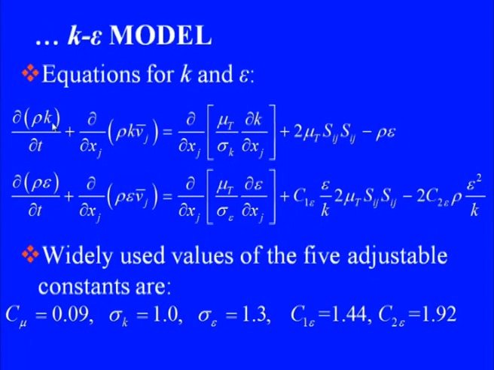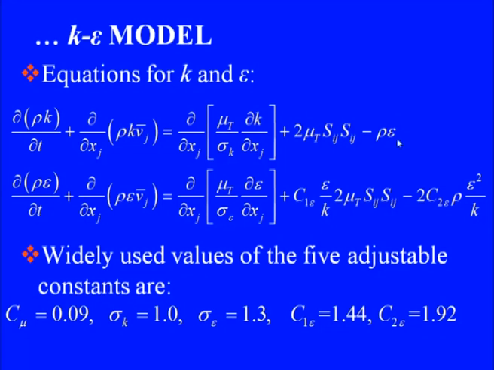The first one is the equation for the kinetic energy K, or what we call the transport equation for turbulent kinetic energy K. So del by del t of rho K plus del over del xj of rho K Vj bar is equal to del by del xj of mu t divided by sigma K del K over del xj plus twice mu t Sij Sij minus rho times epsilon.